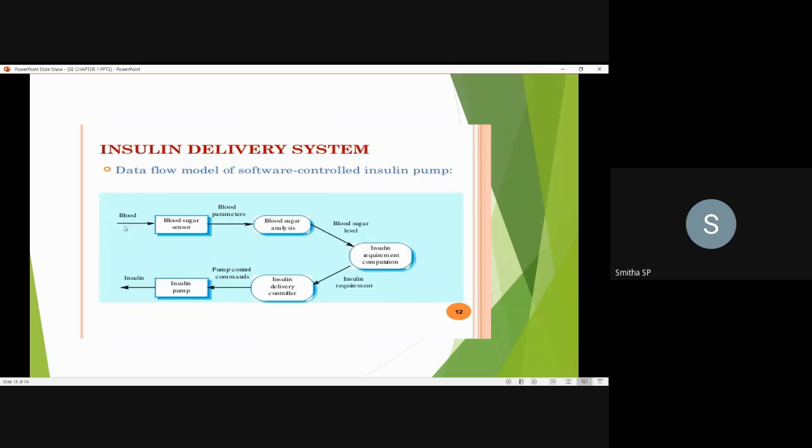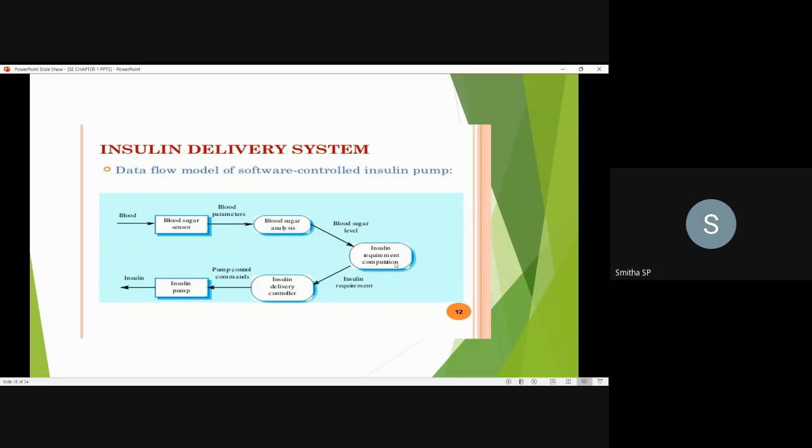Firstly, blood will be taken and given to the blood sugar sensor. There you measure the blood parameters and that will be sent to the blood sugar analysis. The blood sugar will be analyzed there, and you will come to know the sugar level in the blood, and then it will be sent to the insulin requirement computation.